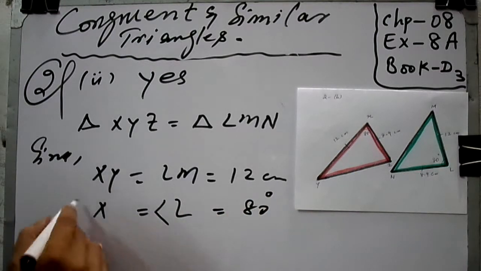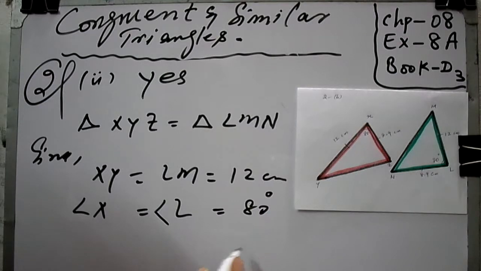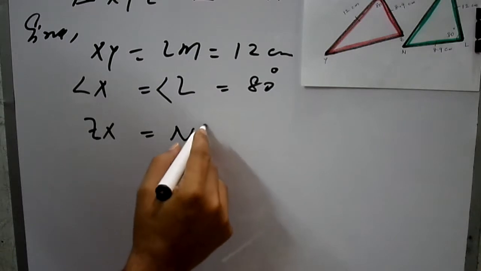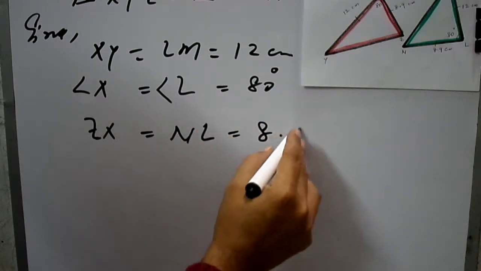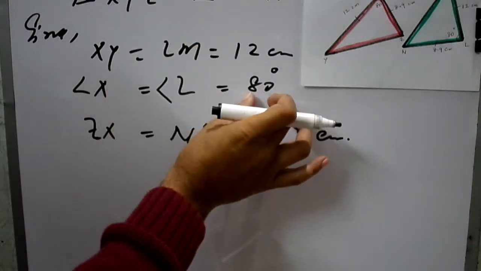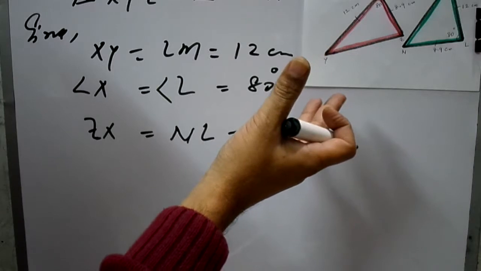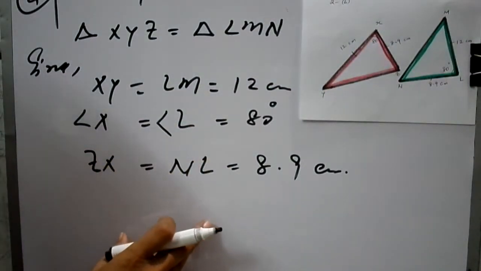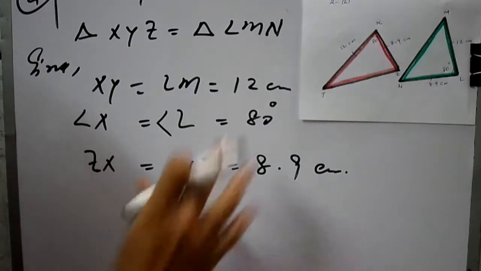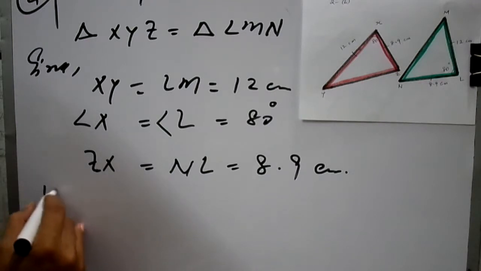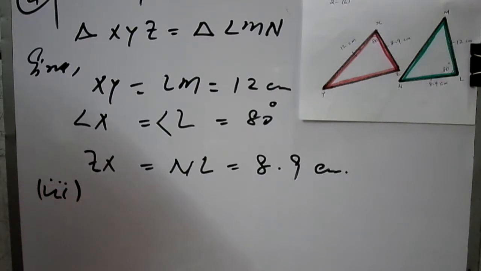So for angle you can use this sign, it is equal to. And similarly, another side, that is ZX, is congruent to LN, or equal to 8.9 centimeter. So I have initially told you that 2 sides and 1 angle are equal to the 2 sides and 1 angle of the other triangle. So both the triangles are congruent to each other.